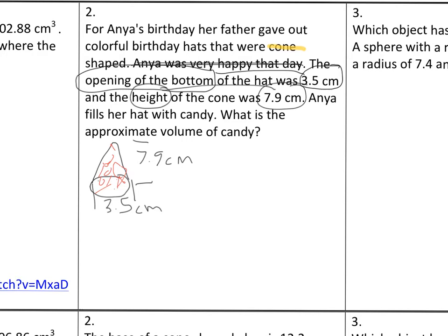All right. Now the volume of the cone, the first step we need is a formula. Now I want to point out that from our last problem, we kind of remember the formula by using the pi method.